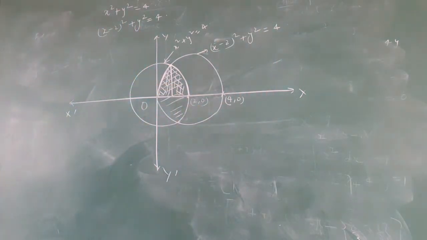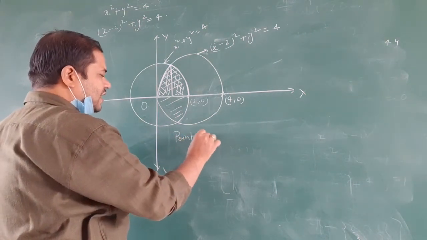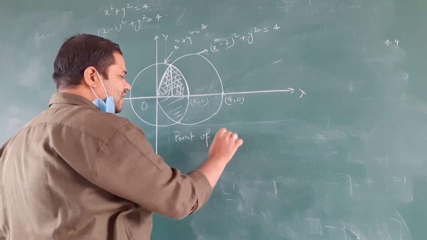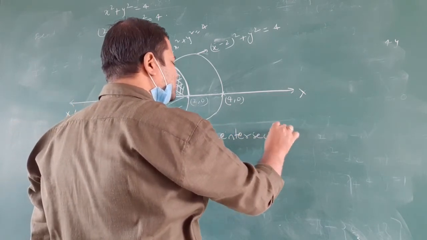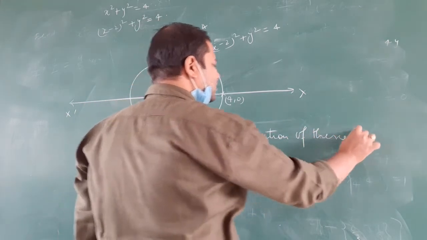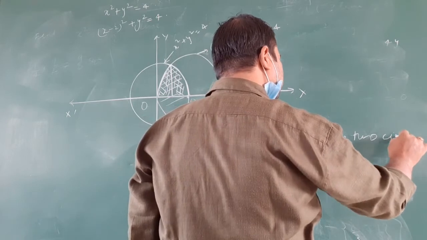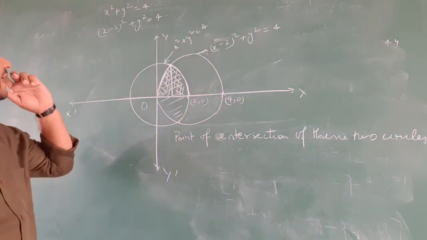So first of all we find the point of intersection of these two circles. Solve both of them, you will get the answer.